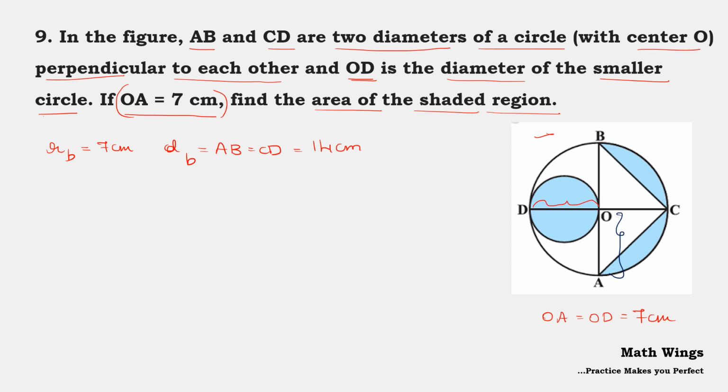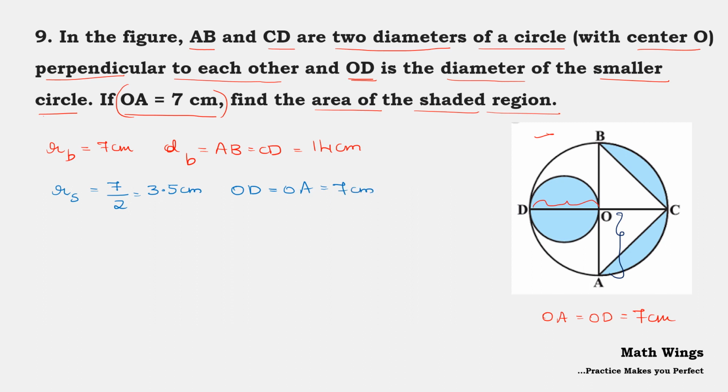I can write R_S, that is the radius of the smaller circle, which is equal to 7 divided by 2, or I can keep it as 3.5 centimeter, as well as OD, which is equal to OA, that is equal to 7 centimeter.